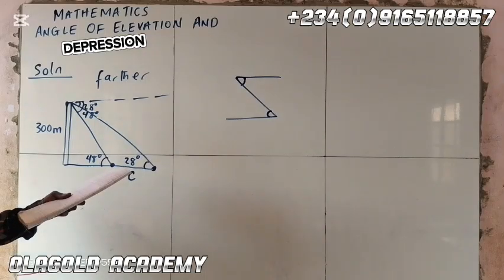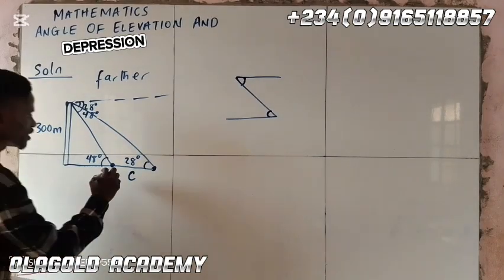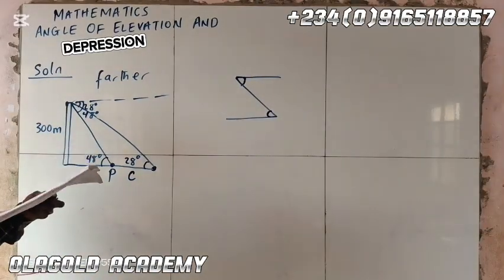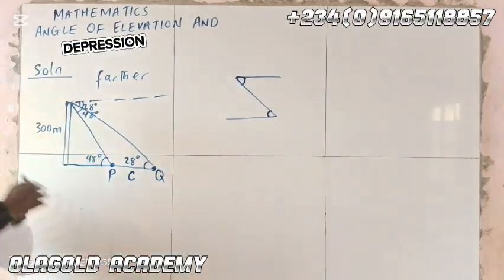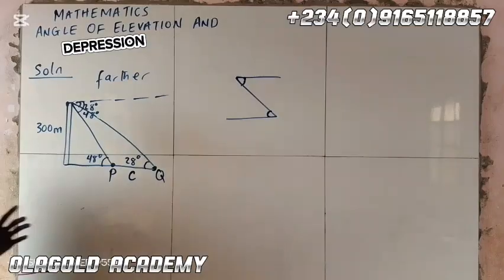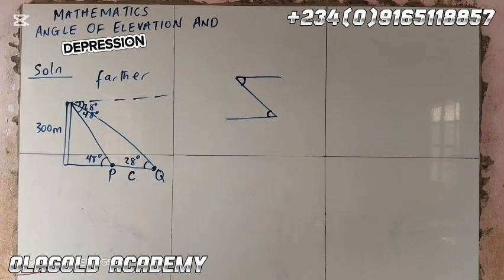It says that the angle of depression of P was 48, so here is P, and that of Q was 28, so here is Q. So here is P, here is Q. So this is how to interpret this kind of question.